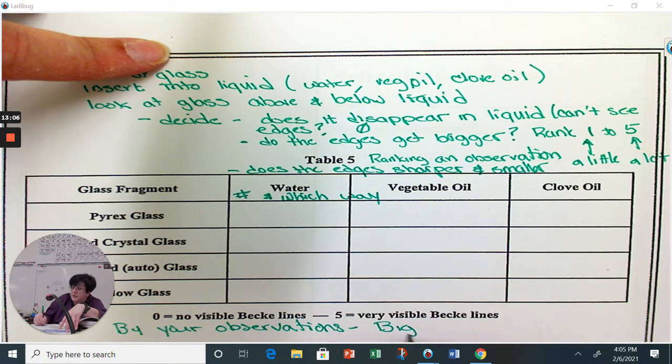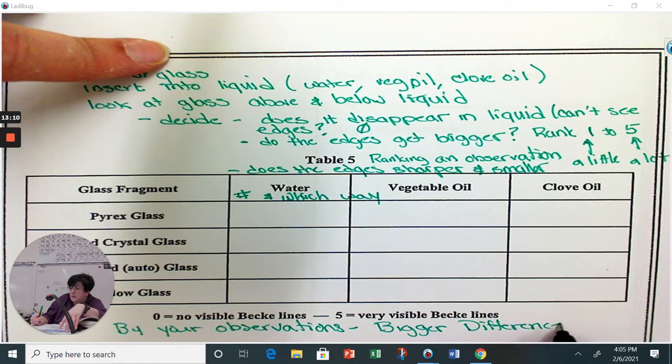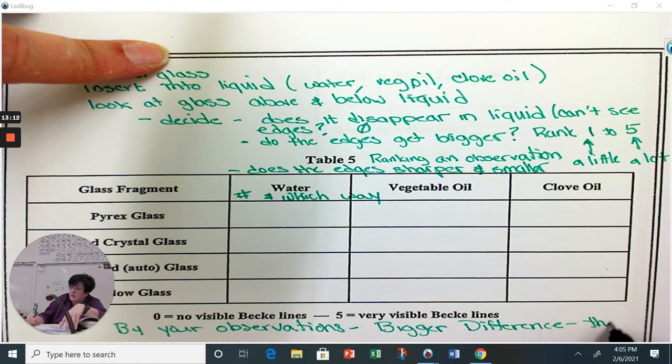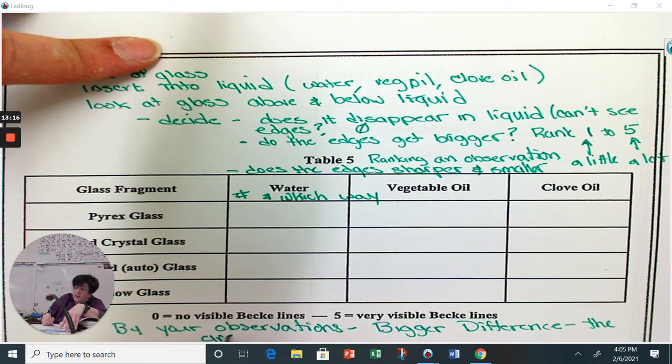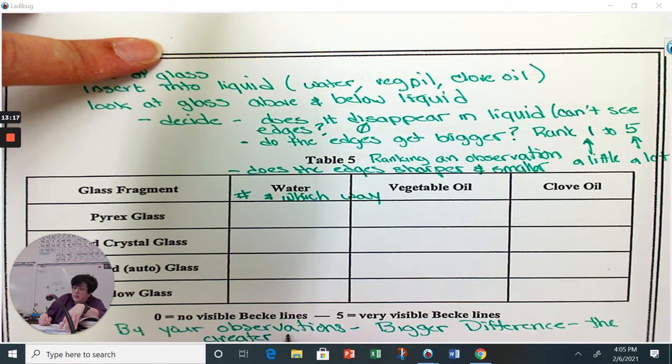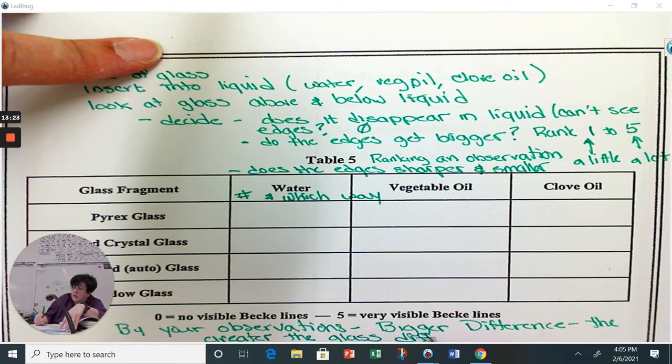The bigger the difference, the greater the glass differs from the liquid.